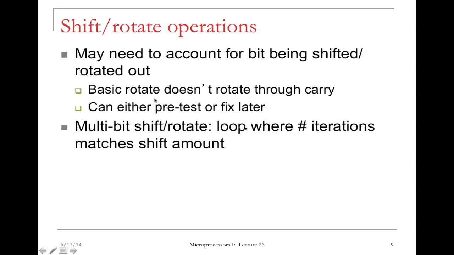And for multi-bit rotation and shifting, we need to use loops, because for PIC we only do 1 bit, either rotation or shift. So if you do multi-bit, you have to do a loop.